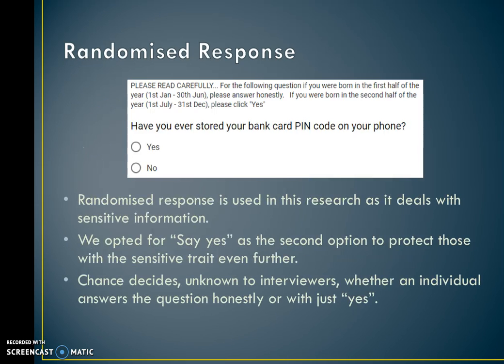As this topic deals with sensitive information, we used randomized responses alongside an anonymous survey to protect participants. We asked individuals, if they were born in the first half of the year, to answer honestly, and if they were born in the second half of the year, to say yes. We as researchers had no idea which question was being answered, but assumed that there was a 50% chance of answering either question.